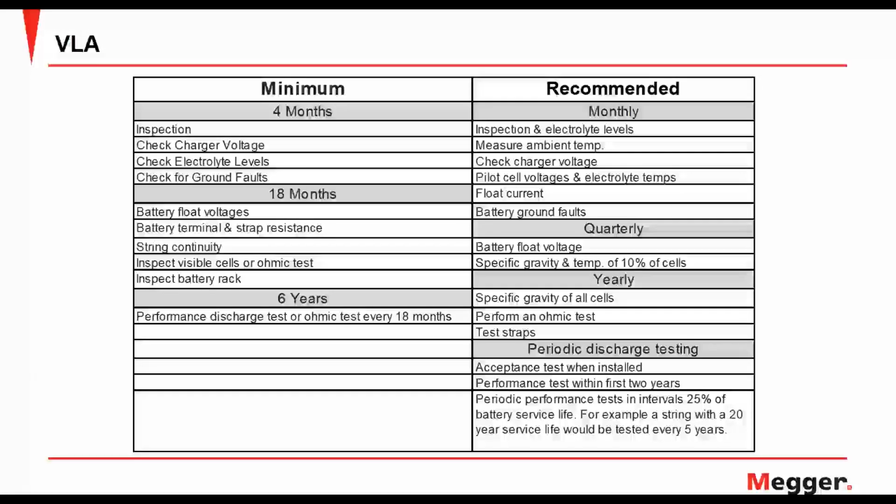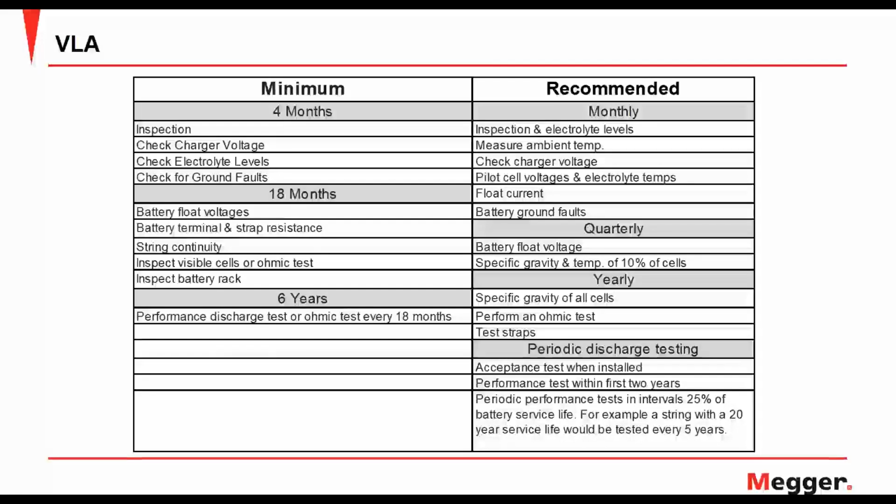This is just an example for the vented lead acid or flooded types. We have recommended and minimum tests done. The minimum is based on the US NERC as an example for you to see and check, while the recommended is based on IEEE recommendation.